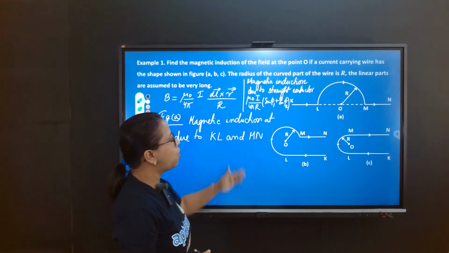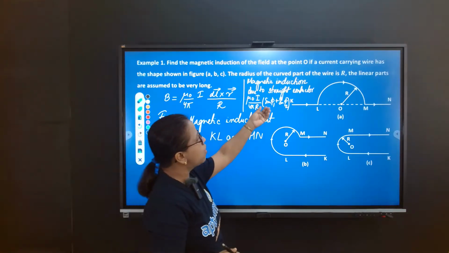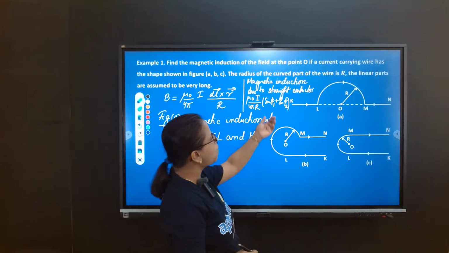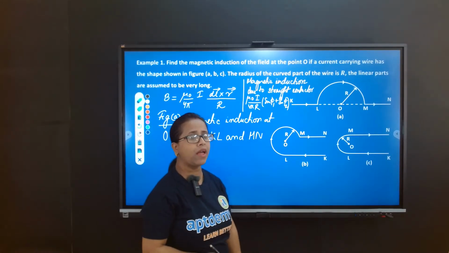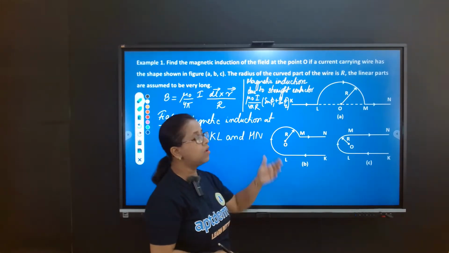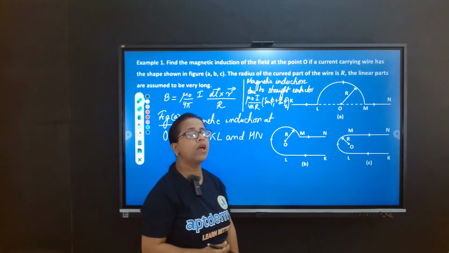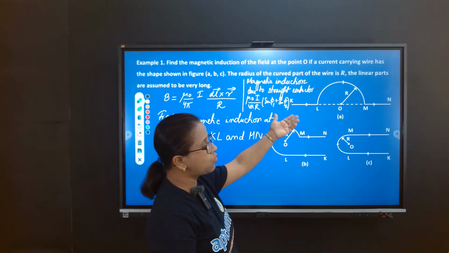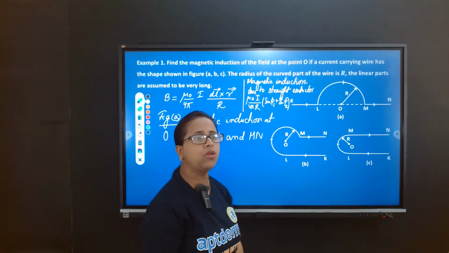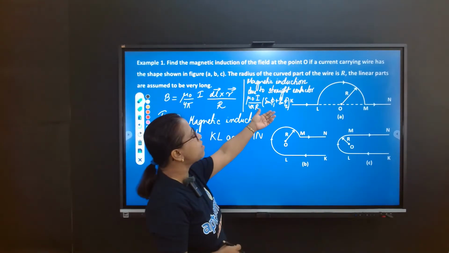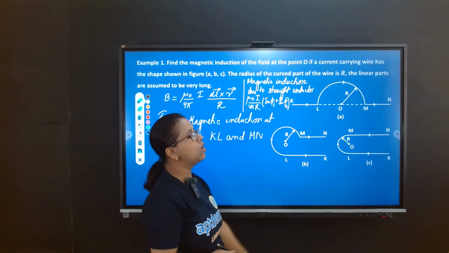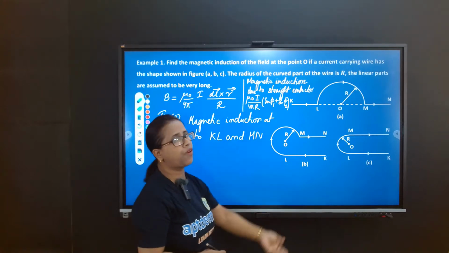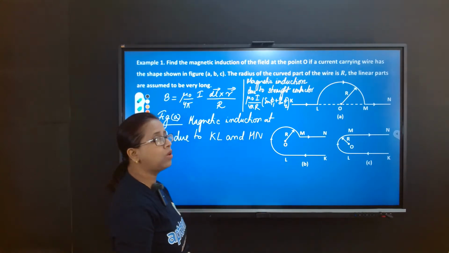Now keeping an eye on this formula, what are the angles phi 1 and phi 2? Phi 1 and phi 2 are basically the angles made with the line element or with the ends of the straight conductor corresponding to the point at which we are finding out the magnetic induction. As we can compare this formula with the figure, we see that in each of these cases, phi 1 and phi 2 both are equal to 0 degree.